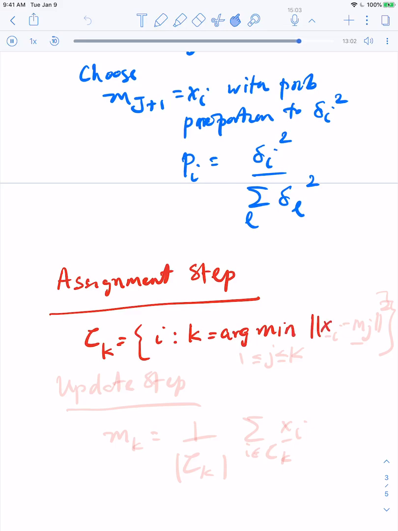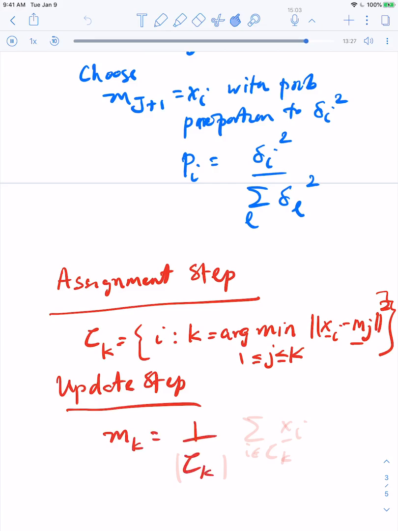So you look at xi minus mj squared, and you minimize over all the cluster centers. That's the assignment step, and the update step is just compute the centroids. So mk is 1 over |Ck| times the summation over i in Ck of xi. So this is a centroid computation.